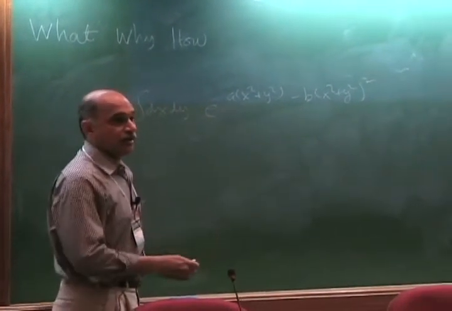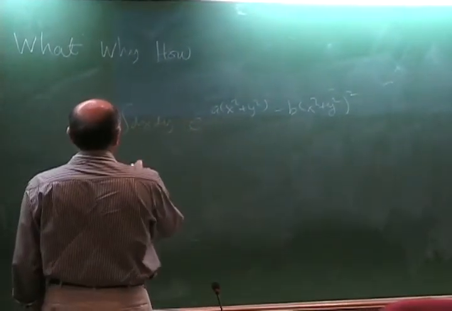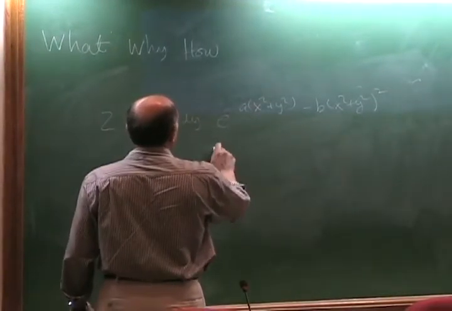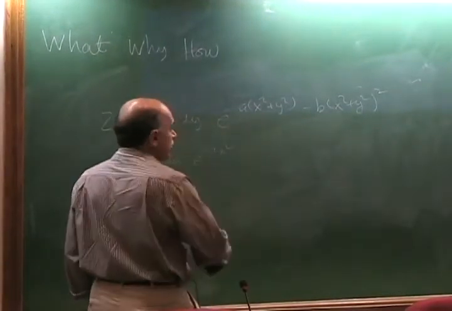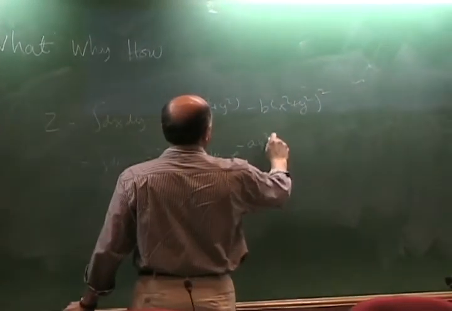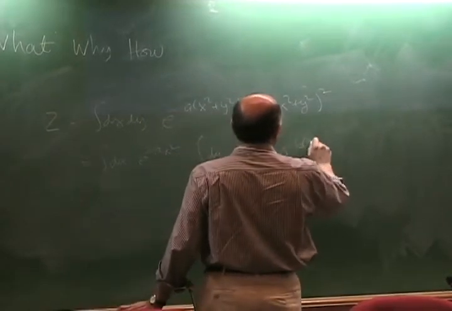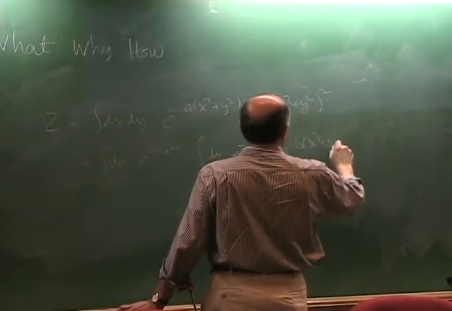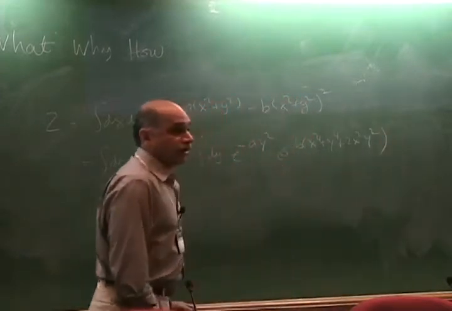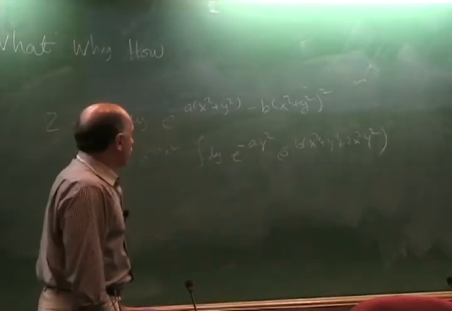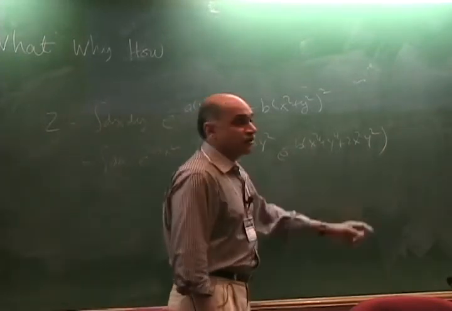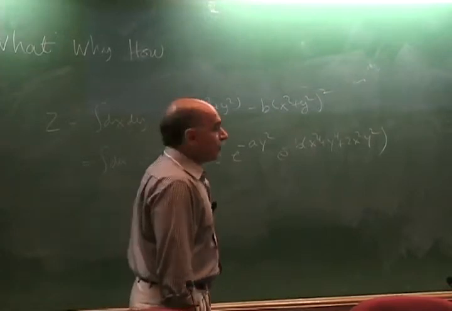That means do the y integral. So the theory looks like this: dx e to the minus a x squared, I pull that out, and all the things involving y look like e to the minus a y squared, e to the minus b(x to the fourth plus y to the fourth plus 2x squared y squared). That's the integral you have to do. Now, unfortunately, no one knows how to do this integral because it's not a Gaussian integral. So what can you do?